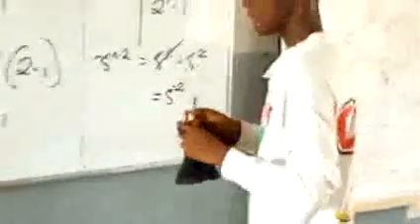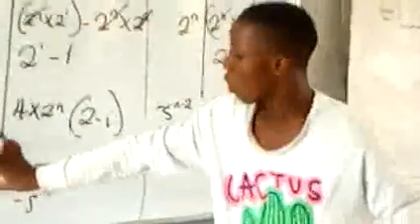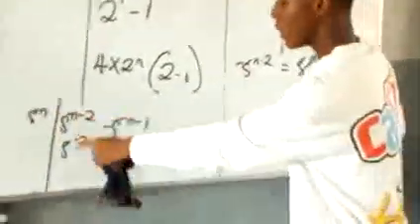That is minus 2. So this 5 raised to power n will cancel out 1 of this, leaving us with 5 raised to power minus 2.